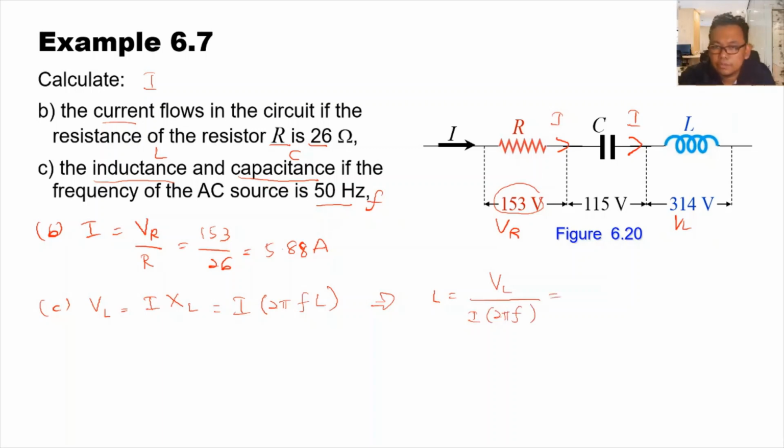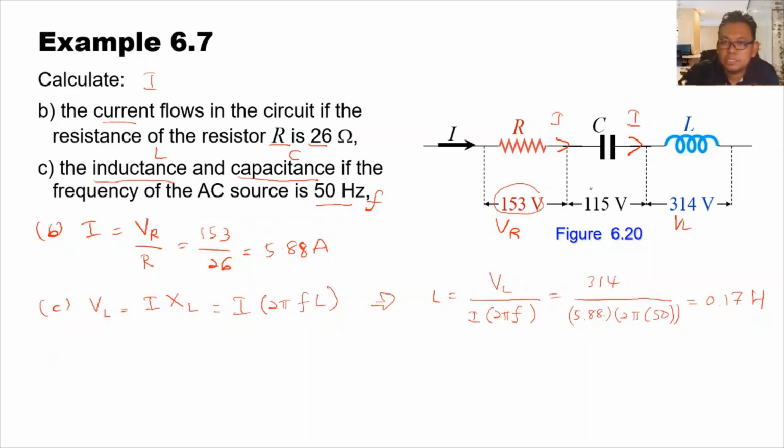We substitute the values carefully, 5.88, frequency is 50, and we get the answer 0.17 Henry.